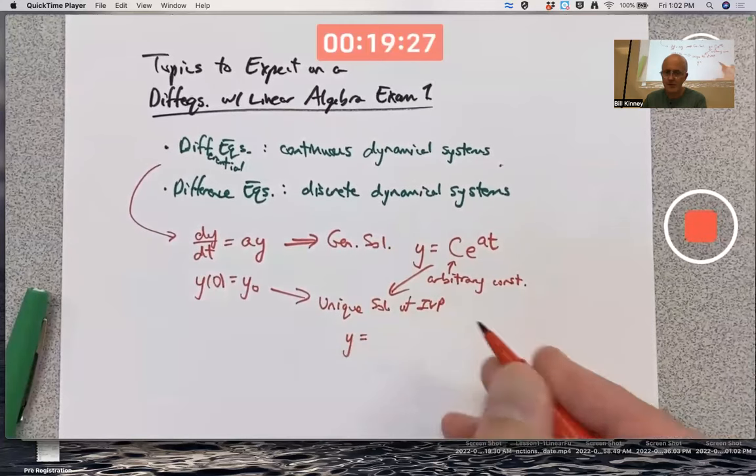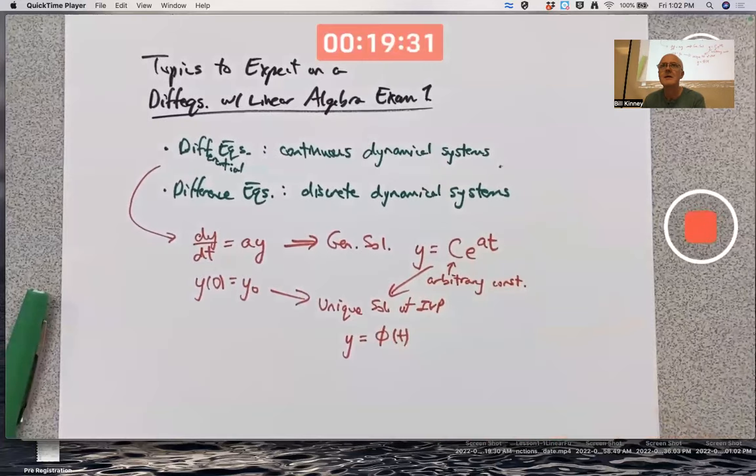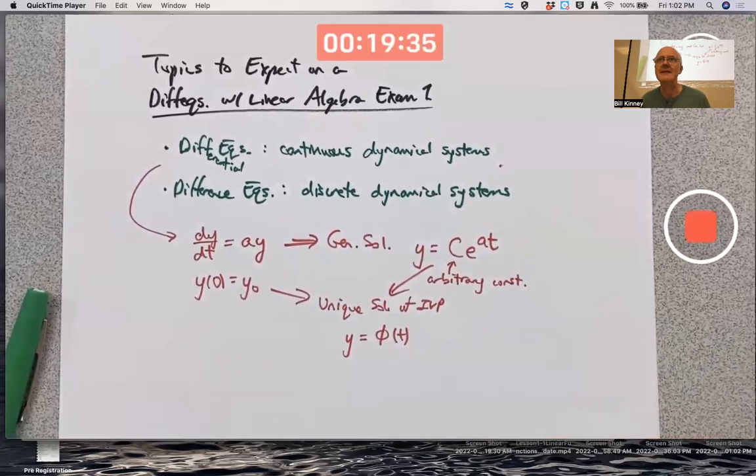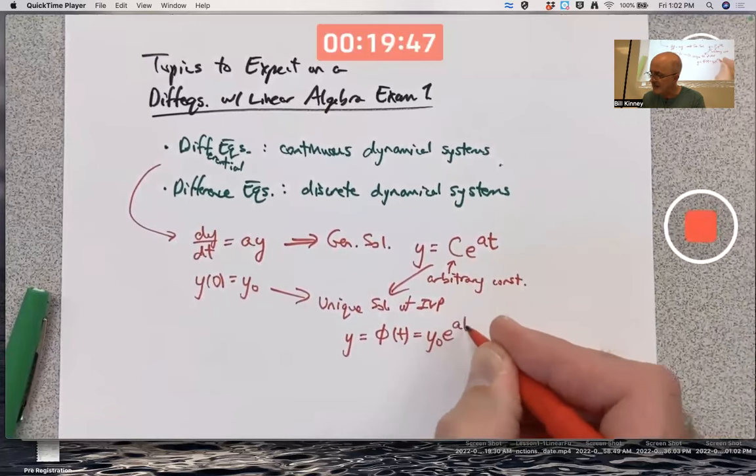Y equals, okay, you should feel okay with phi of t notation as well. Function name is phi here. You don't find that in the differential equations book, but I do use that sometimes in the lectures. You should start working at feeling comfortable with that. Y0 e to the AT.